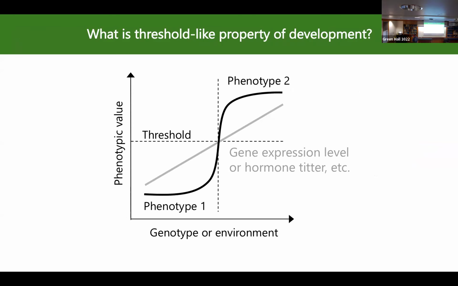On the other hand, if the determinant is above the threshold, it can have the alternative phenotype. So this is the threshold-like property of development, and it means that the phenotype flips depending on the threshold of a certain determinant for phenotype.